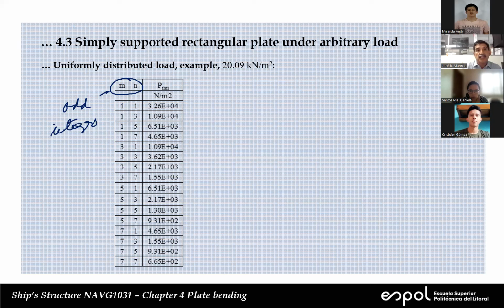I keep M as 1 and I change N. Then I change M to 3 and keep changing N, etc. For each one of them, I'm going to calculate PMN. And you see that this is 326 to the 4th power. And down here, this is about 50 times smaller than this one, more or less. So it's a big decrease, right? So yeah, we could use up to 9, but probably they're not going to increase much.